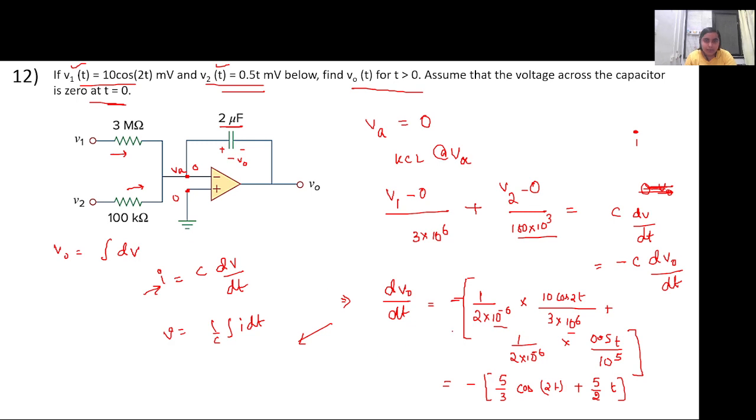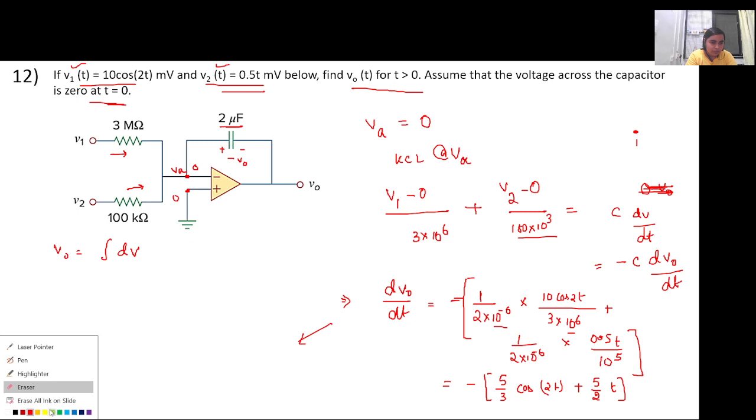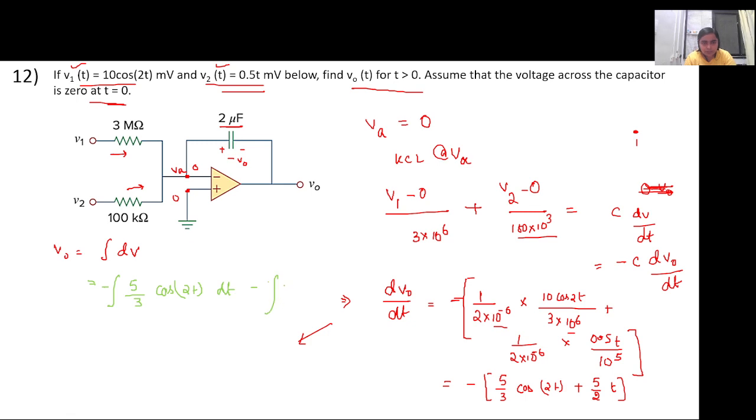So now from this equation, V naught will be the integration of dV, right? So dt I am bringing to the other side. This will be equal to integration of, bringing the negative outside, 5/3 cos of 2t into dt, minus integration of 5/2 t into dt.